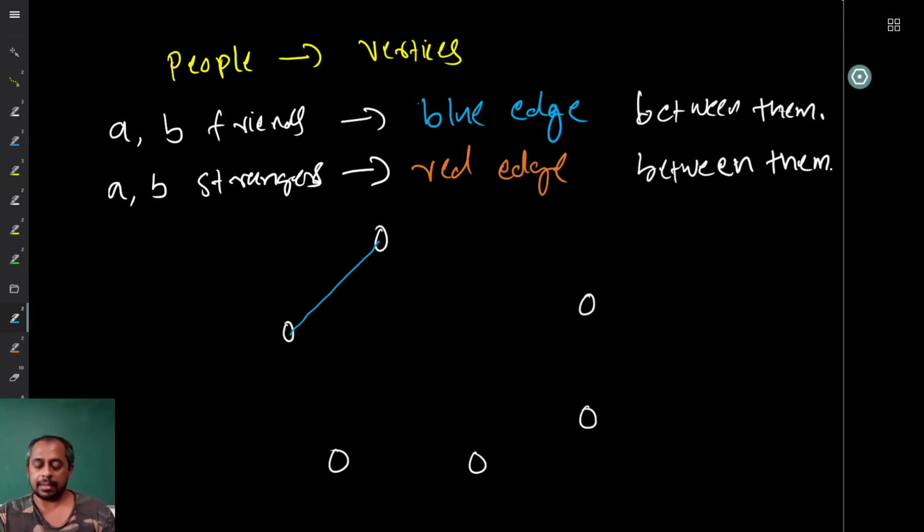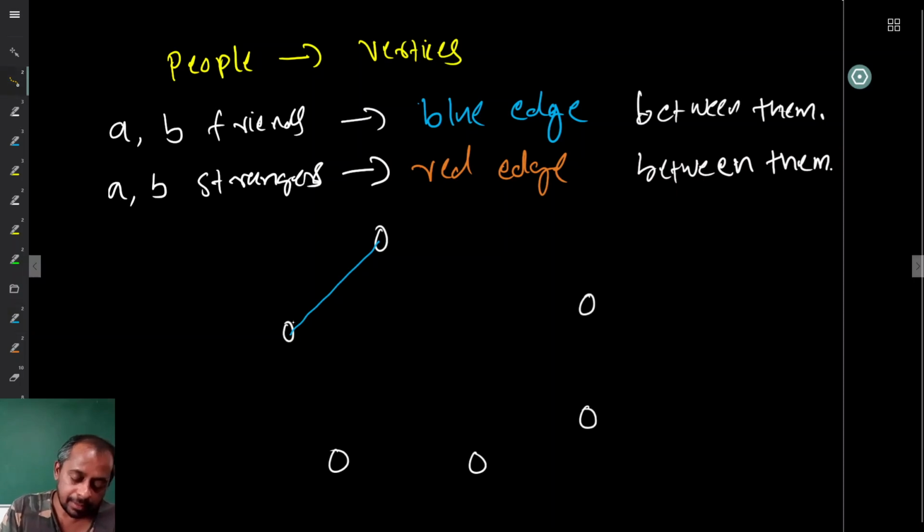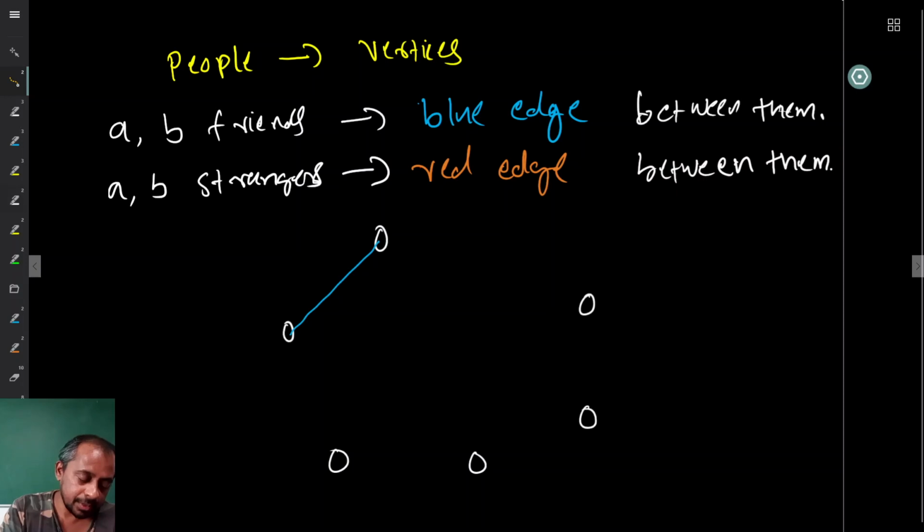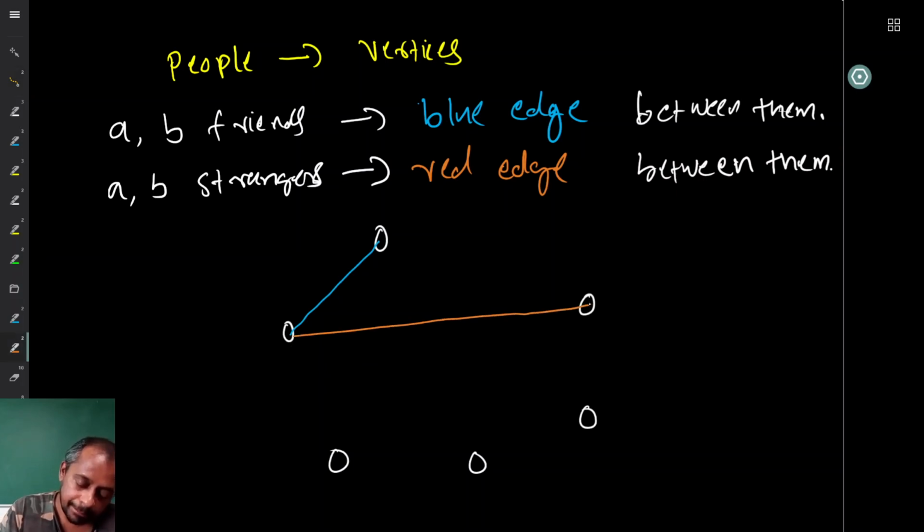So let us say that they are friends. Now I take this guy and this guy. Maybe they are not friends. Then they are going to be strangers, right? So I'm going to put a red edge between them. Similarly, we can talk about this particular first guy being friends with the remaining 3 guys also, right?